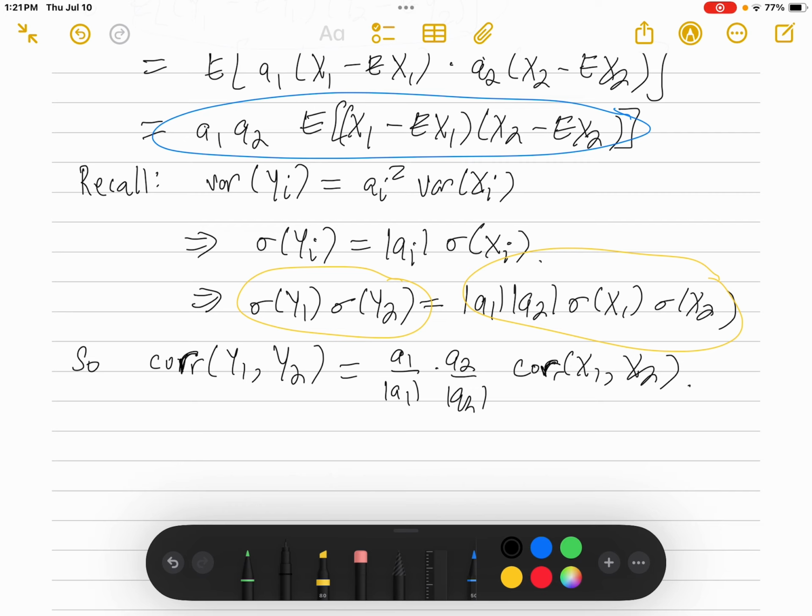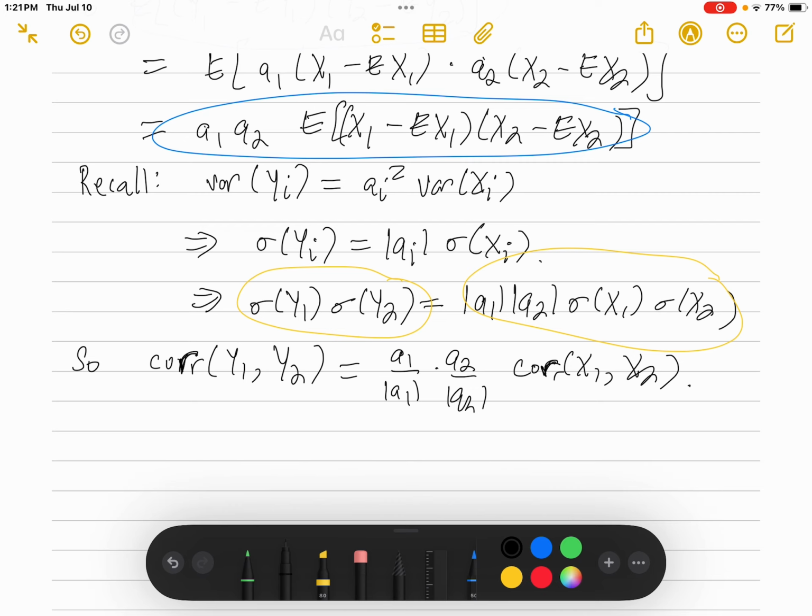One way to think about this in practice is suppose that x1 and x2 have units like inches, and then you convert from inches to centimeters, and so you get y1 and y2 to be random variables, but with units that are centimeters. The correlation of y1 and y2 will be equal to the correlation of x1 and x2. So in that sense, it's independent of the units that are used.